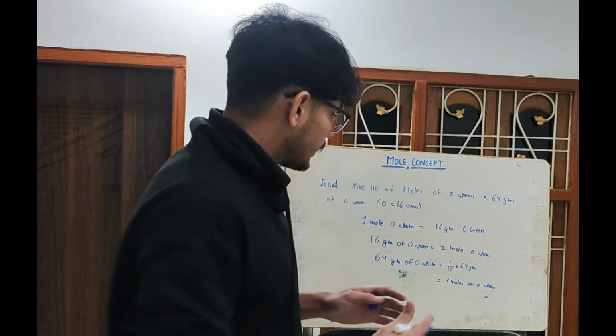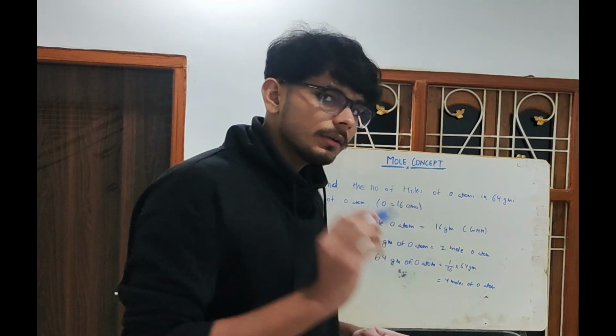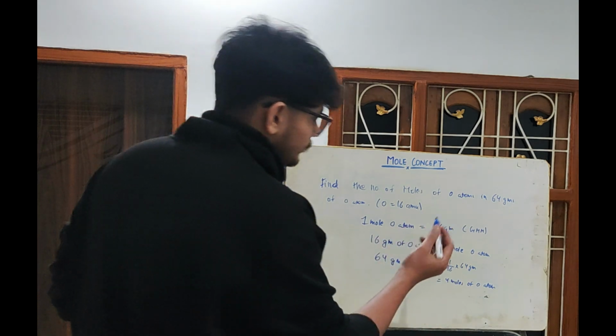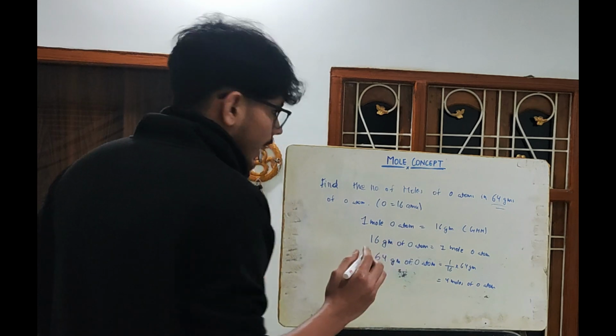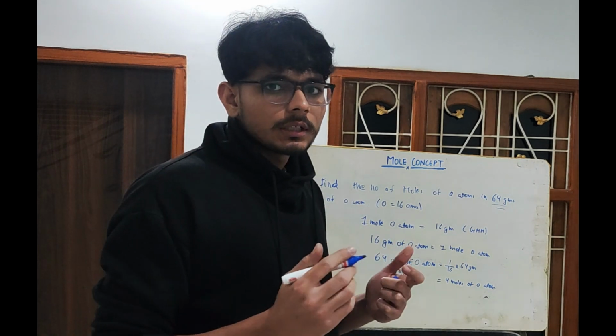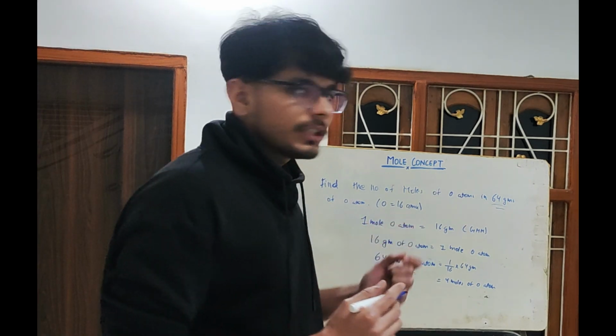From here you can see that we can derive a formula for calculating the number of moles from a given mass. 64 grams is the given mass, and we have the GMM, or gram molecular mass, as 16 grams.